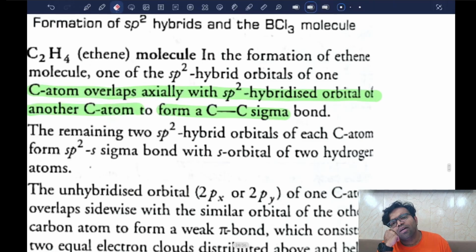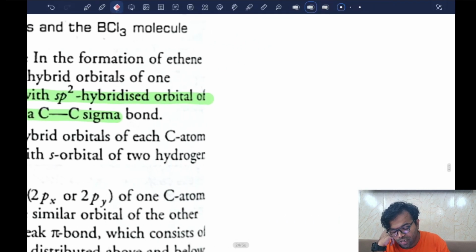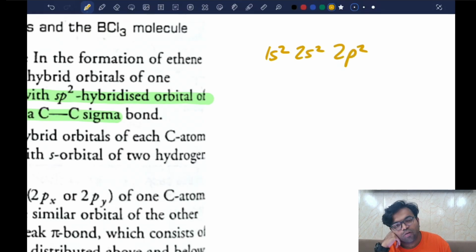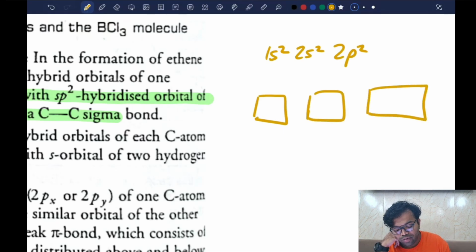Now in the case of carbon, what was happening? Let's look at the electronic configuration of carbon: 1s2, 2s2, 2p2. Okay, so in this arrangement, what was happening? You had one box like this, one box like this, and three boxes like this. So 1s2, 2s2, then you have the 2p2.